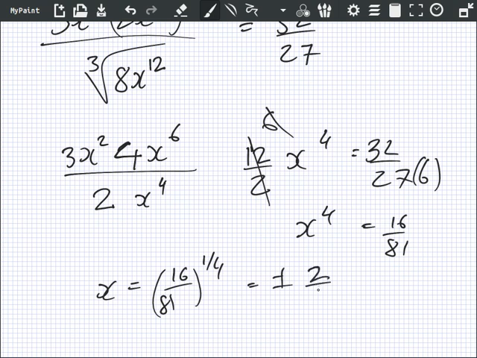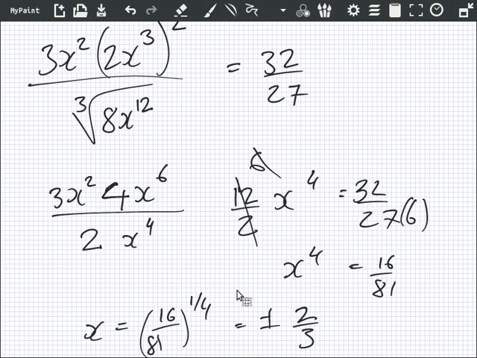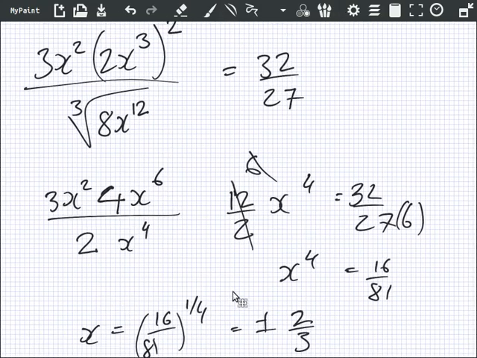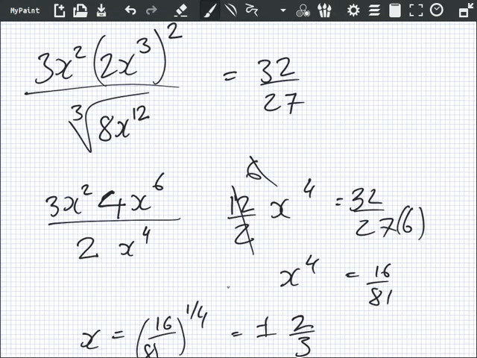2 over 3, because power of a quarter is like a double square root. Yeah, but they said x cannot be less than 0, so it's just plus 2 over 3, you remove the minus. Now, I wonder why they said x can't be less than 0, because it can.